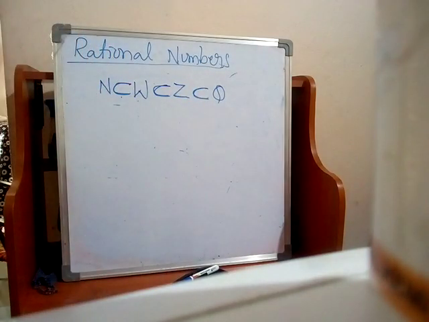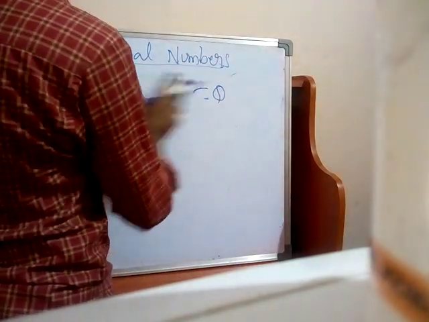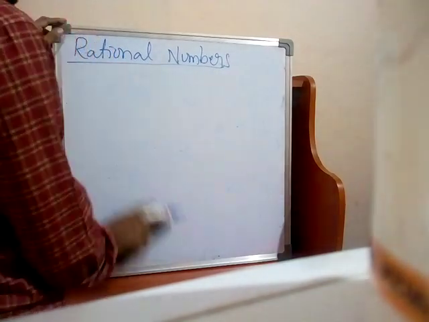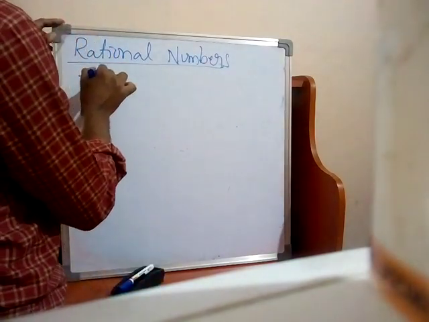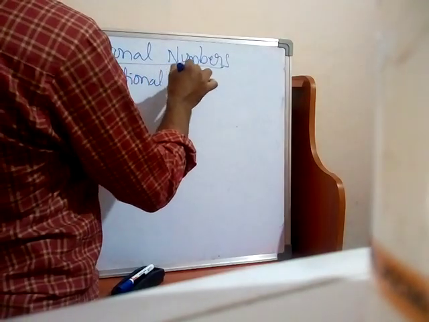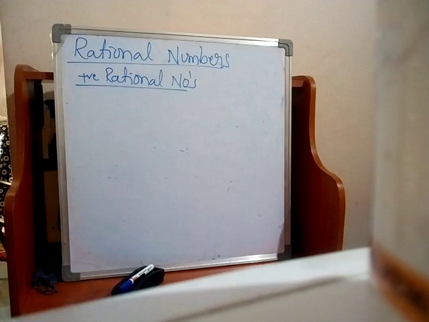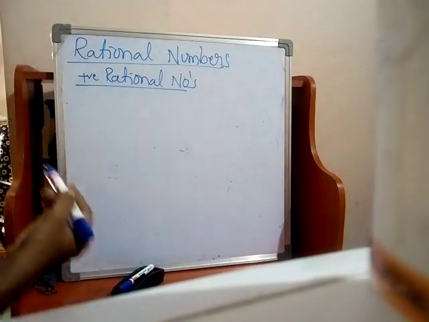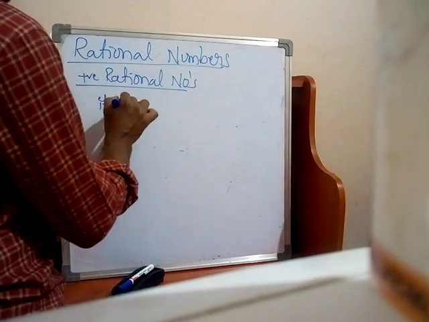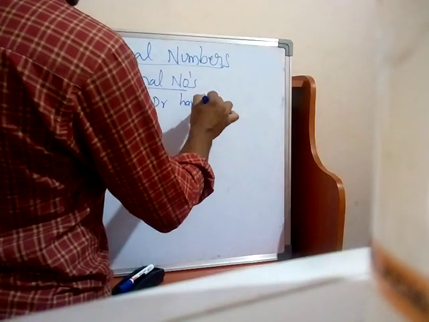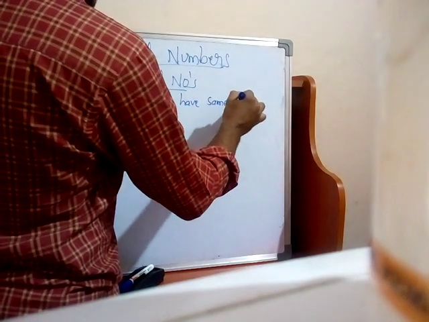So rational numbers are denoted by Q. So what are the positive rational numbers? A rational number is said to be a positive rational number if numerator and denominator both have the same sign.